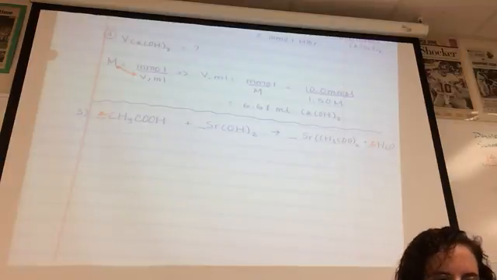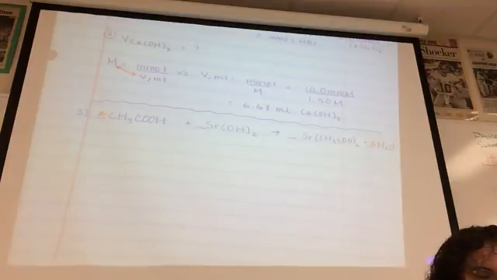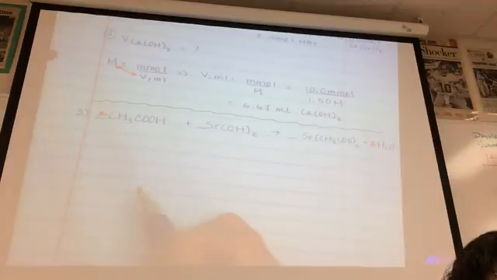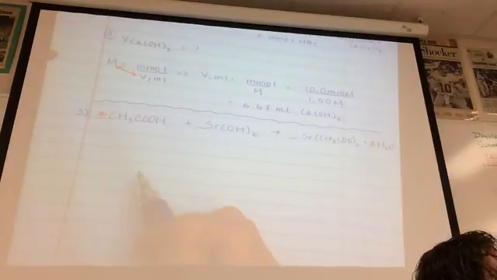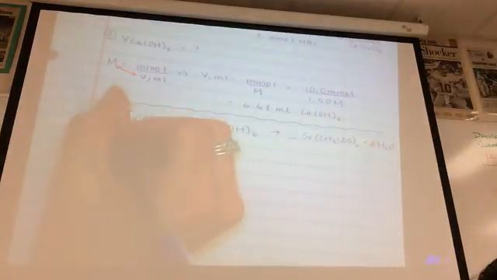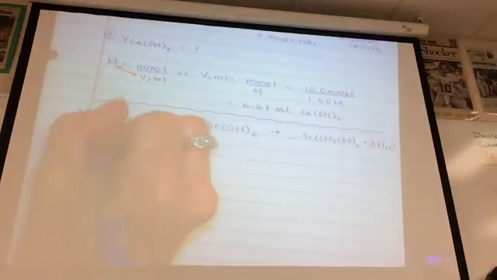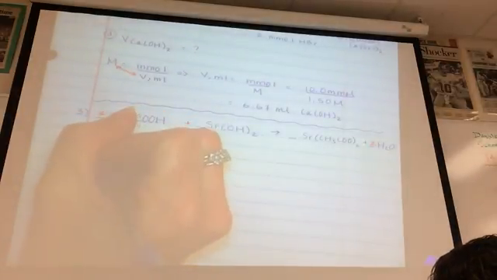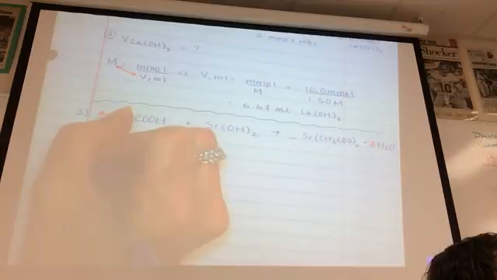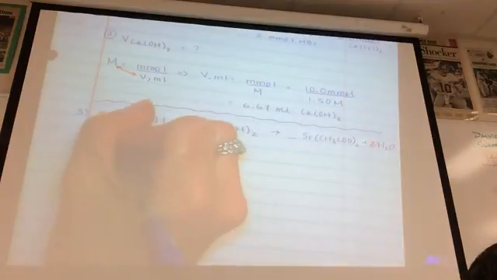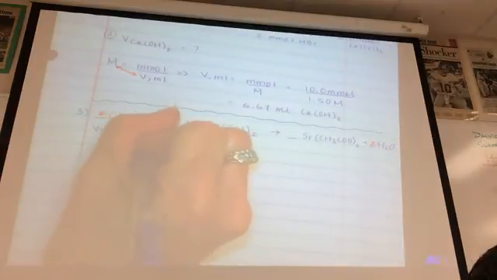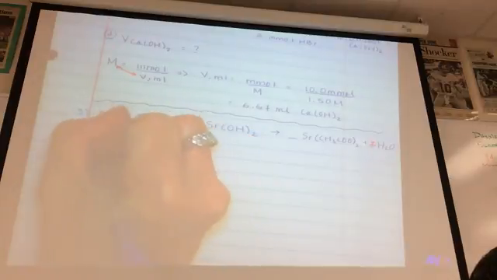Let's pull out the information and then we'll give it a try. So what is the volume of the acetic acid? The vinegar, look at the vinegar. 10 mL, good. And we want to know the concentration.